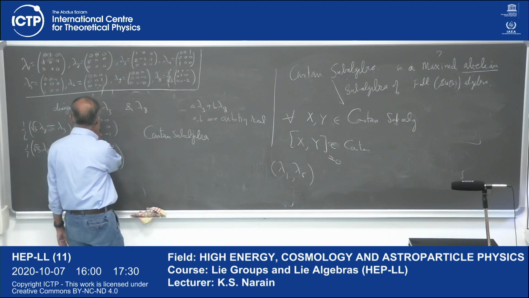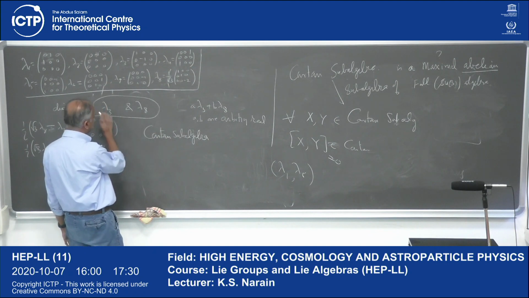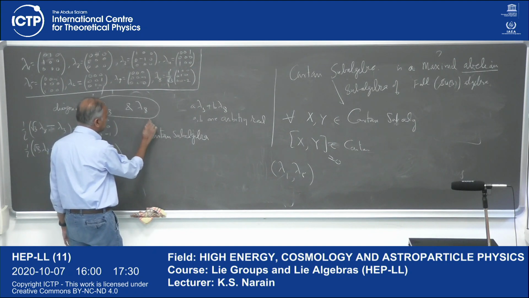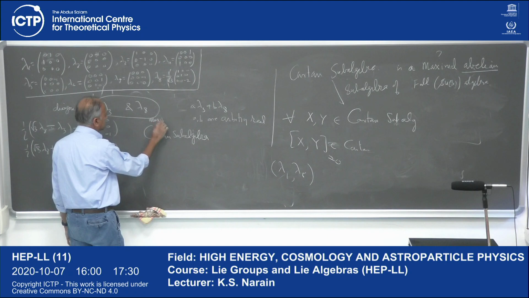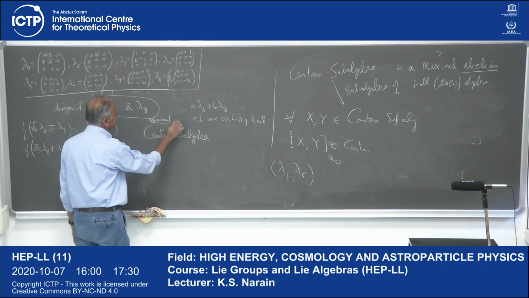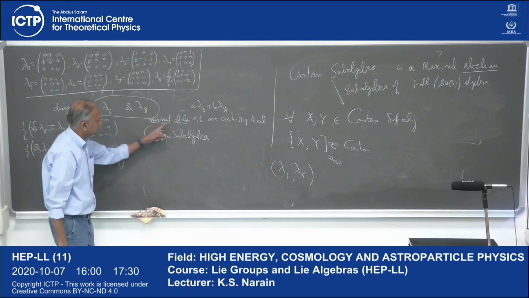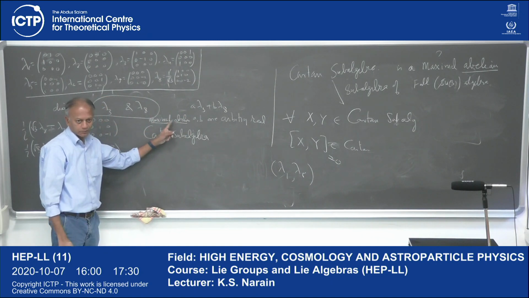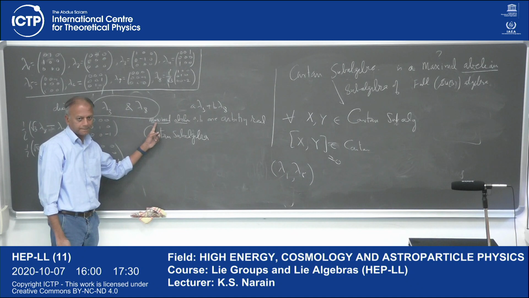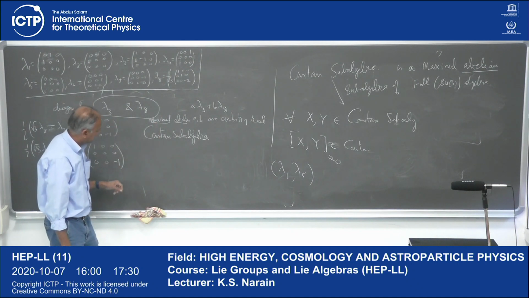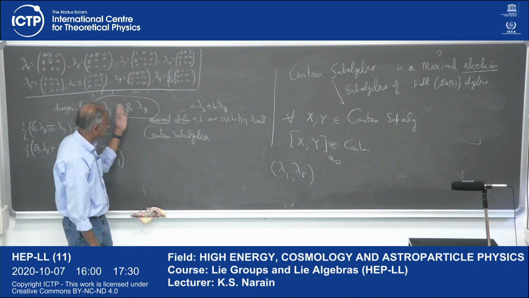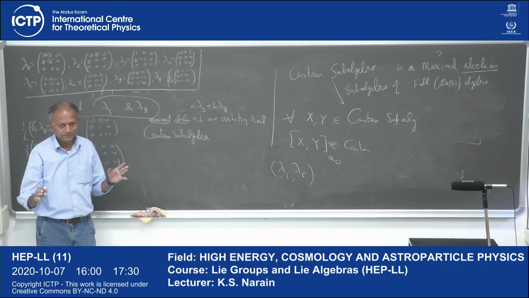So the conclusion is that this subalgebra generated by these two is in fact maximal abelian, and that's important. Both these words are very important. It should be abelian and maximal. So this is a Cartan subalgebra.